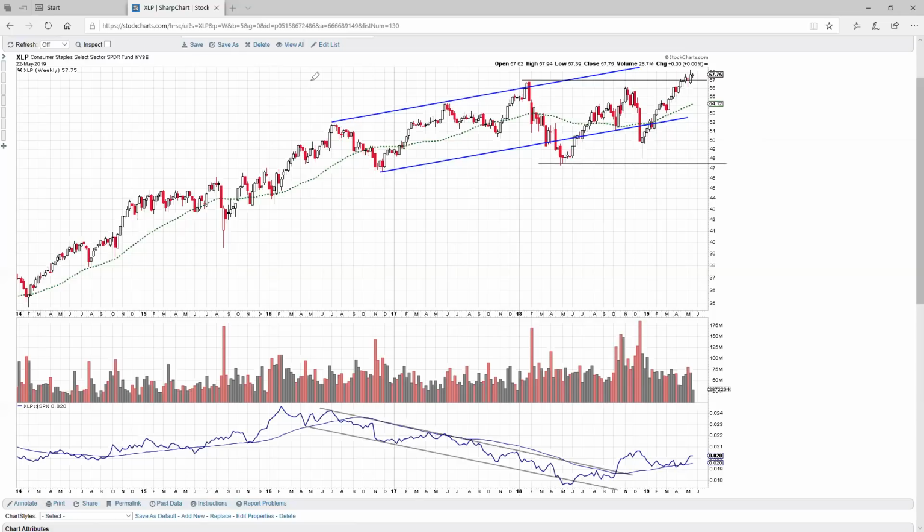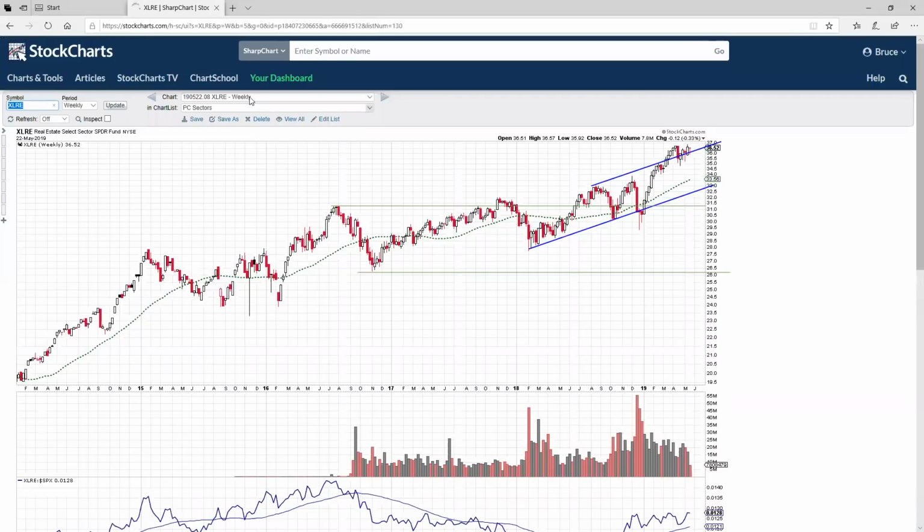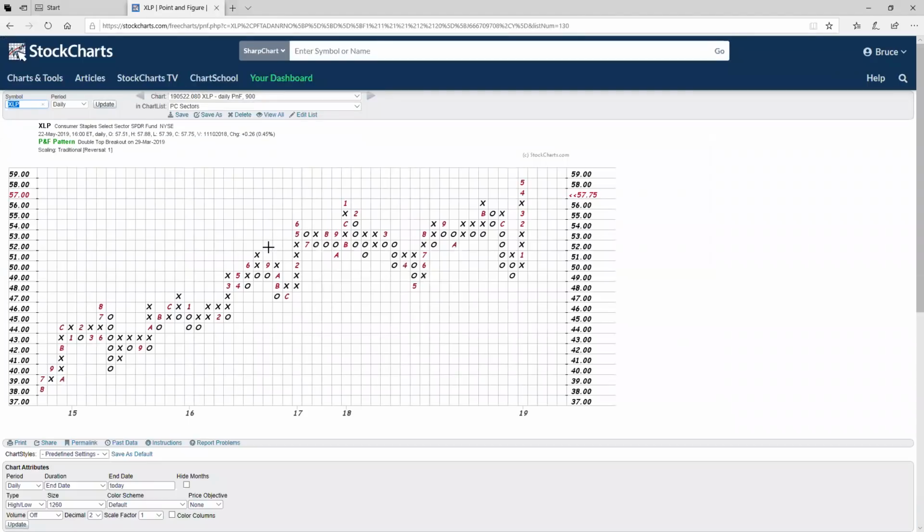And let's have a look at the point and figure chart. And this is real estate. I need to go to this chart. Okay, so you can see here this great run up and out in the point and figure. And the thing that we're going to do is take the count, which is an accumulation count, which is 16 columns across here.